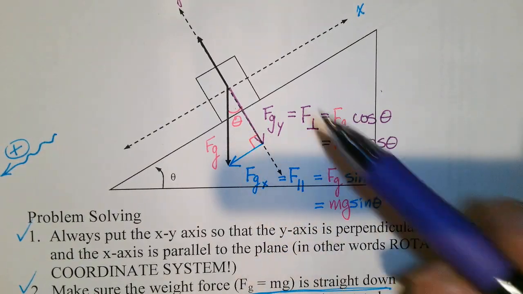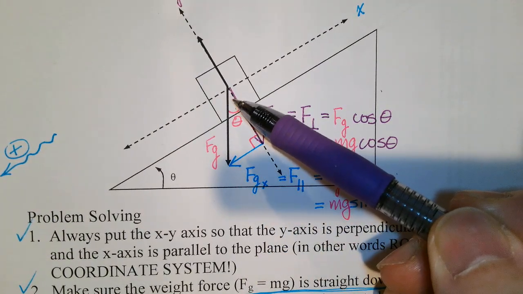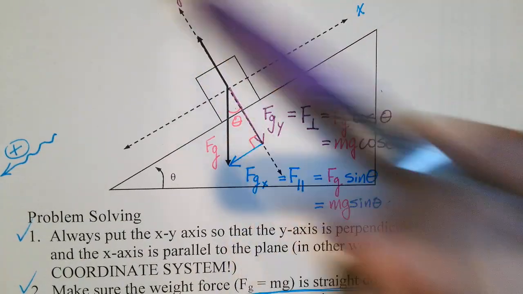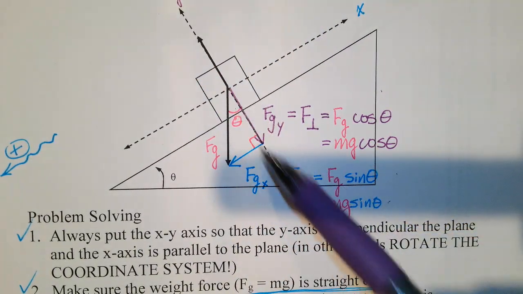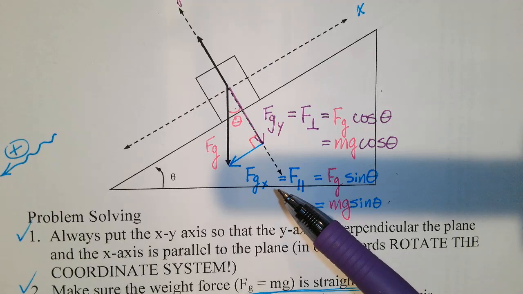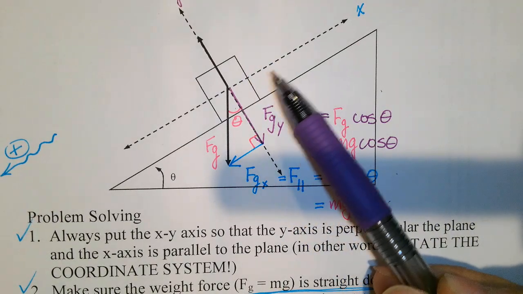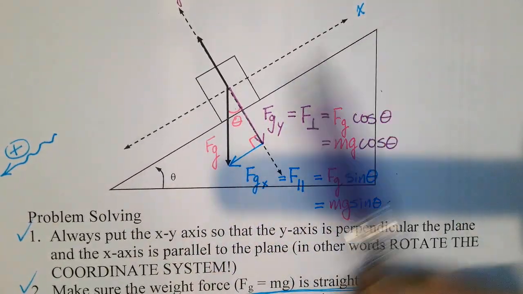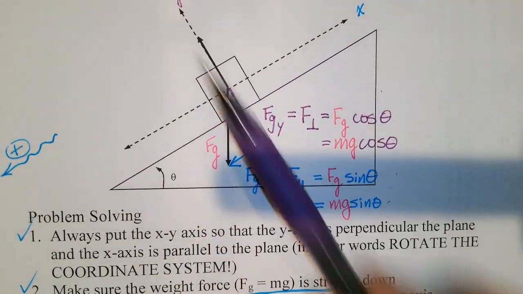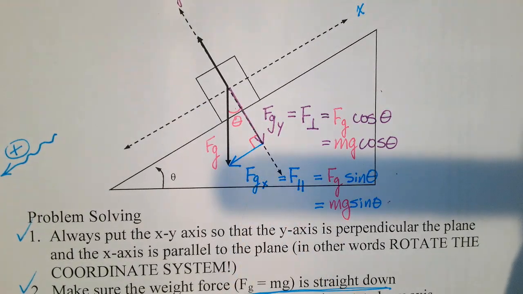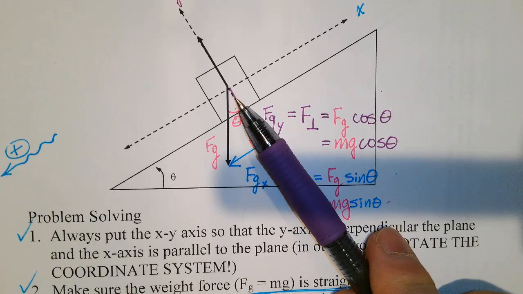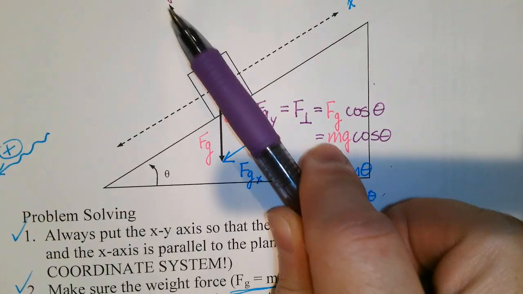Now, this will not levitate off the incline, or go through the incline, we're going to assume. Therefore, it's only going to have x-axis motion, but not really y-axis motion. So you could actually consider the acceleration in the y to be 0.